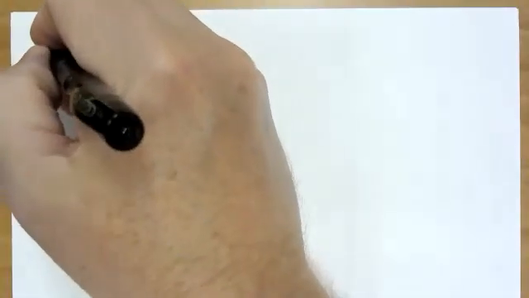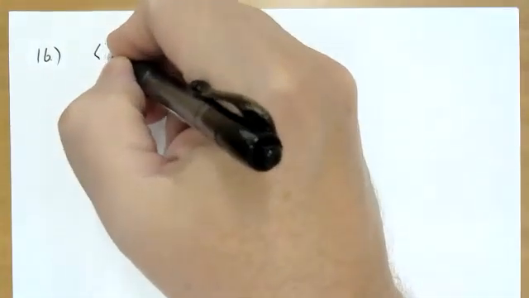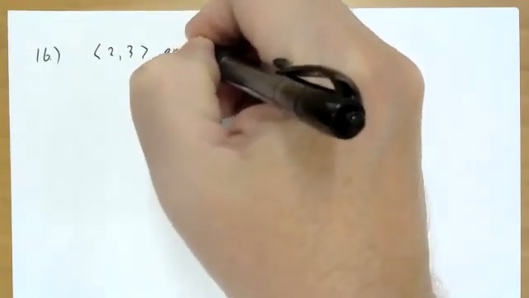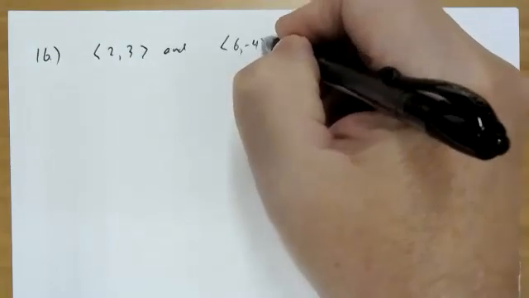Problem 16. The two vectors are 2, 3, and 6, -4.